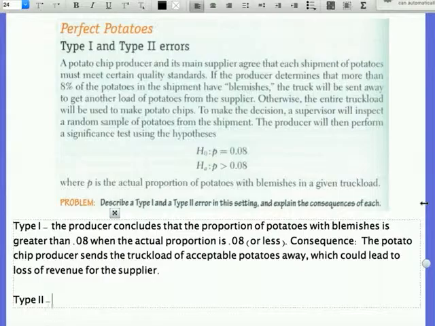All right, let's talk about type 2. So type 2 error would be when we fail to reject the null hypothesis. So we say the null hypothesis is true, even though it's actually false.